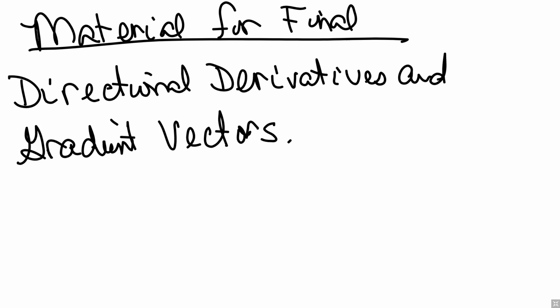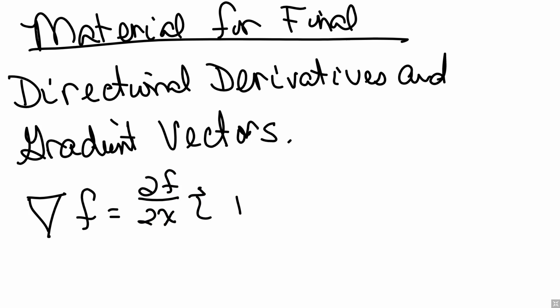Okay, so if we say we want the gradient of f, the gradient is this upside down triangle of f, and what this is going to be equal to is the partial of f with respect to x in the i direction, plus the partial of f with respect to y in the j direction.